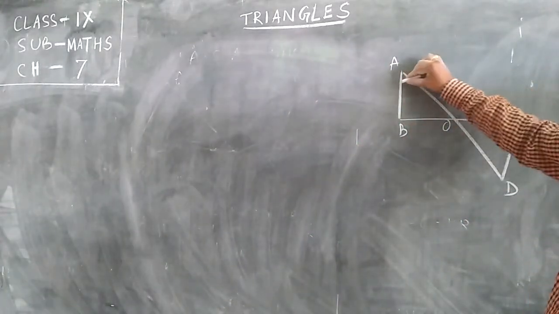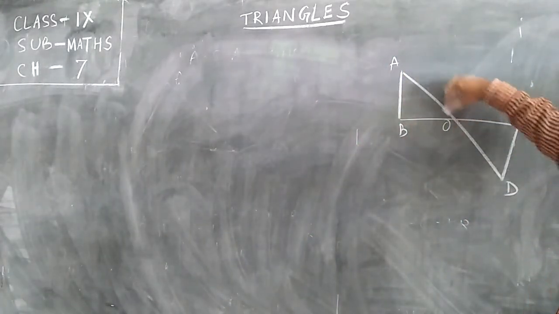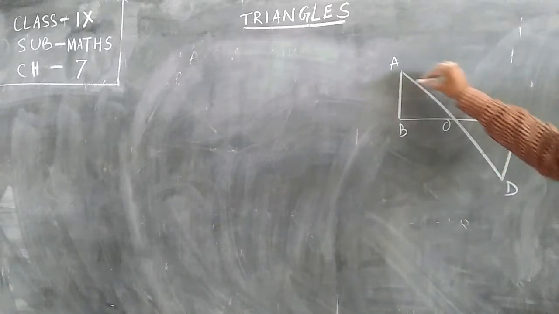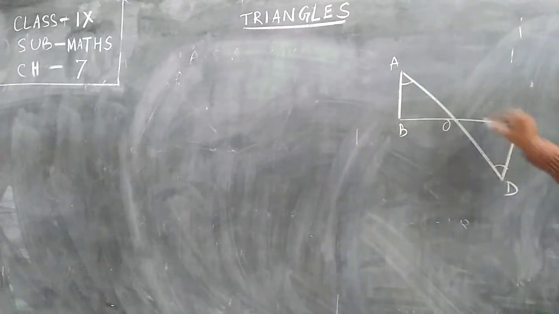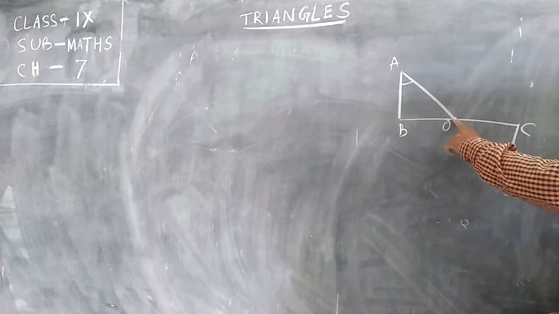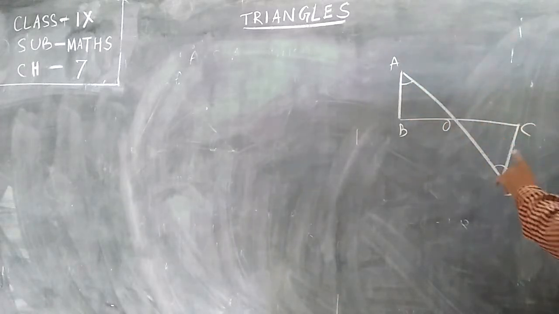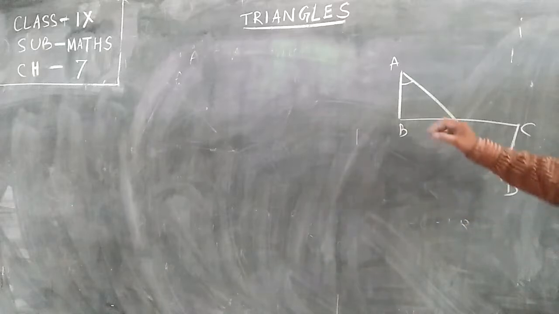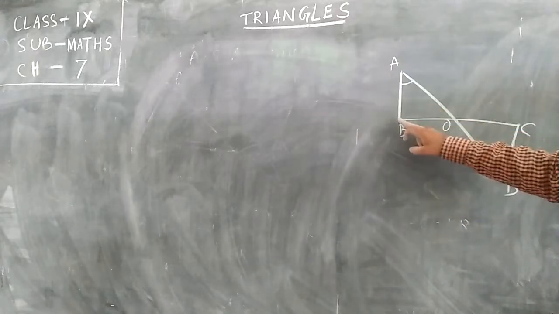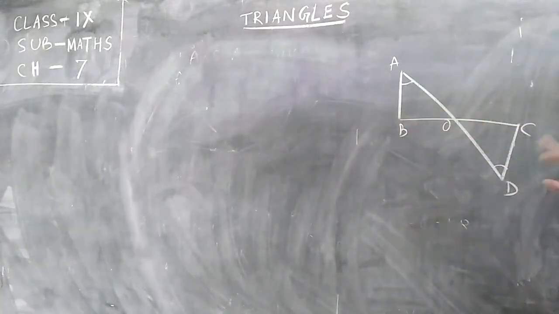If O is the midpoint of AD and angle A equals angle D, then we have to show that side AB equals side CD.